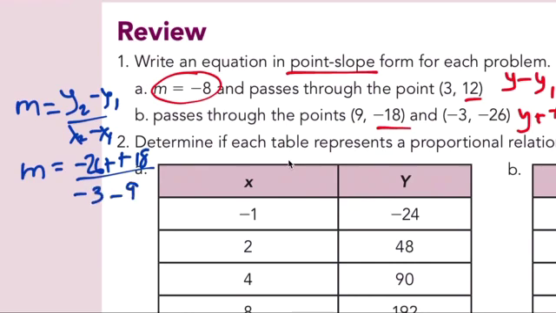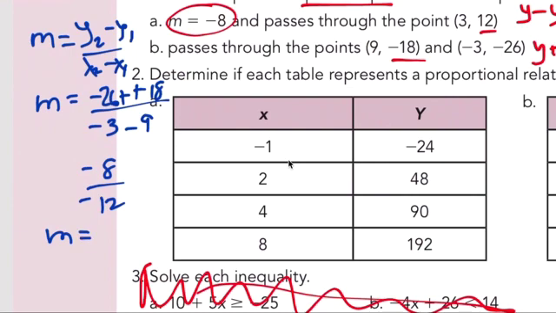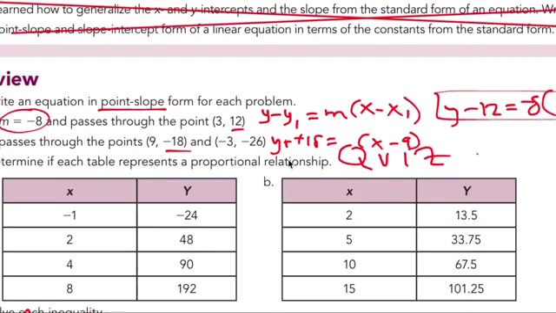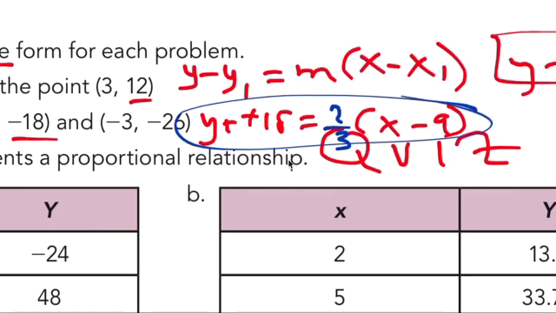So you get negative 8 over negative 12. So the slope is a positive 2 over 3. So you would put 2 over 3 here. And that's your point slope form.